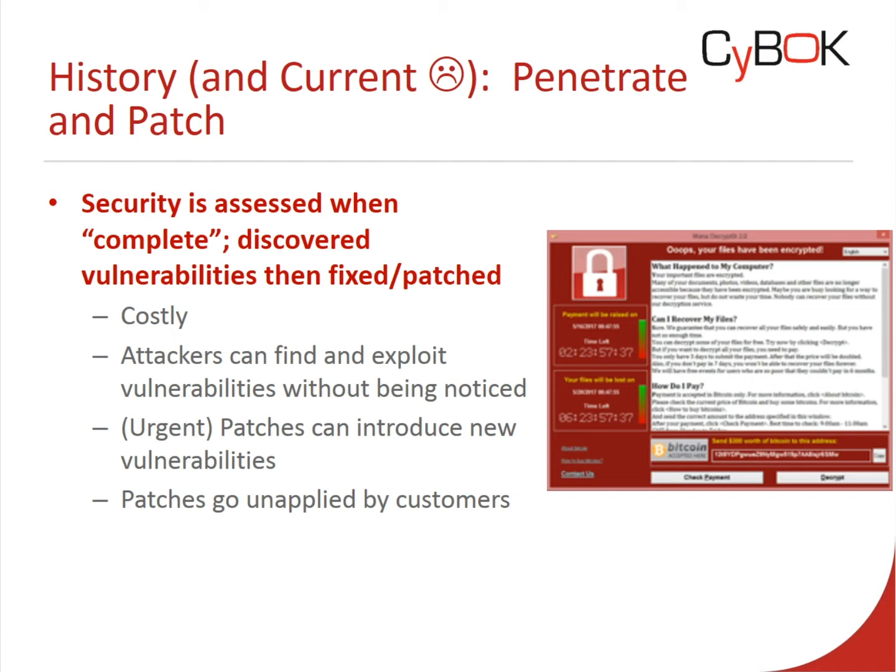So the fix was out there, but we provide information to the attackers on what they should exploit once the knowledge of the vulnerability is out there. So all of these say penetrate and patch, not a great strategy.